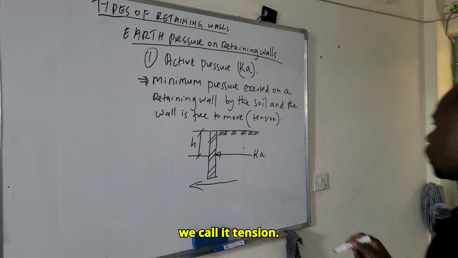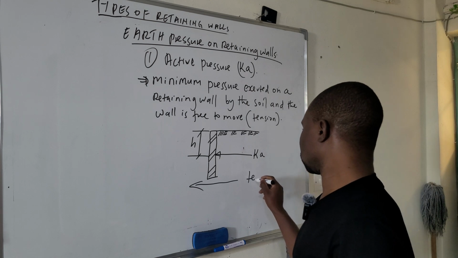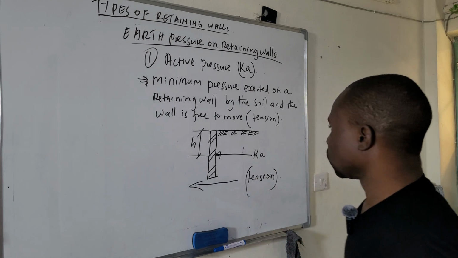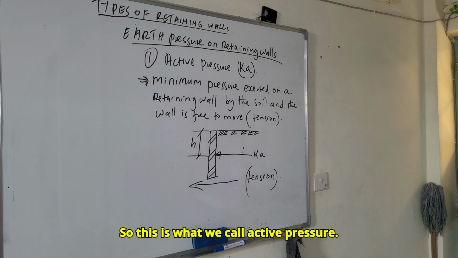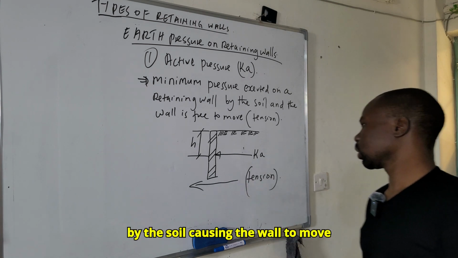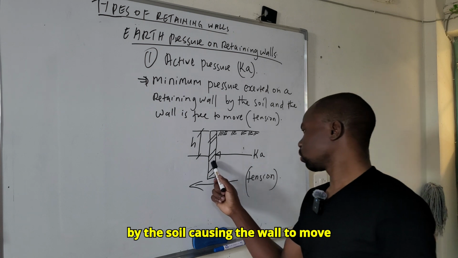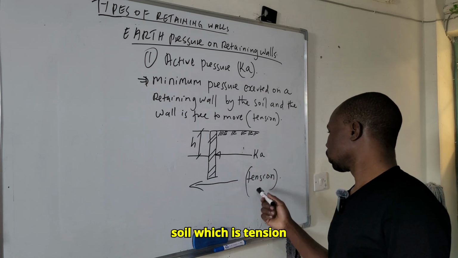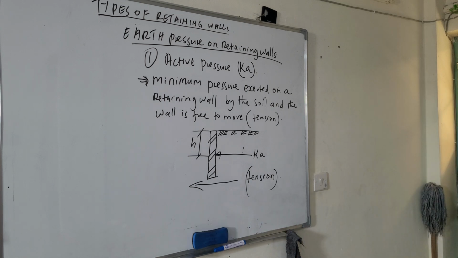So we call it tension. So this is what we call active pressure: pressure exerted on the wall by the soil, causing the wall to move away from the soil, which is tension.